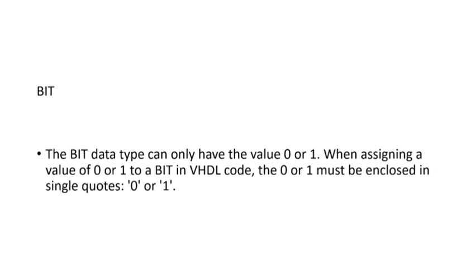We have done a video on how to write the entity of an AND gate, so just see the video. It's a very quick video. In that we have assigned A and B as in bit and C as out bit. It is indicating that it can take only one value.